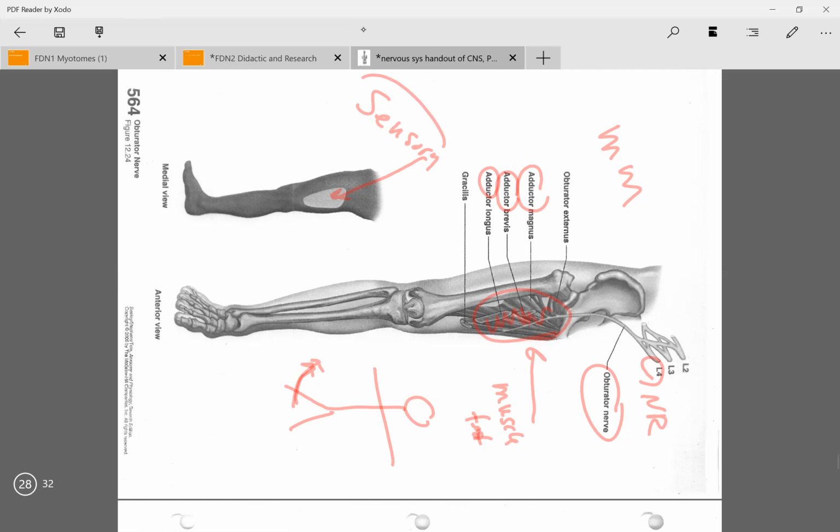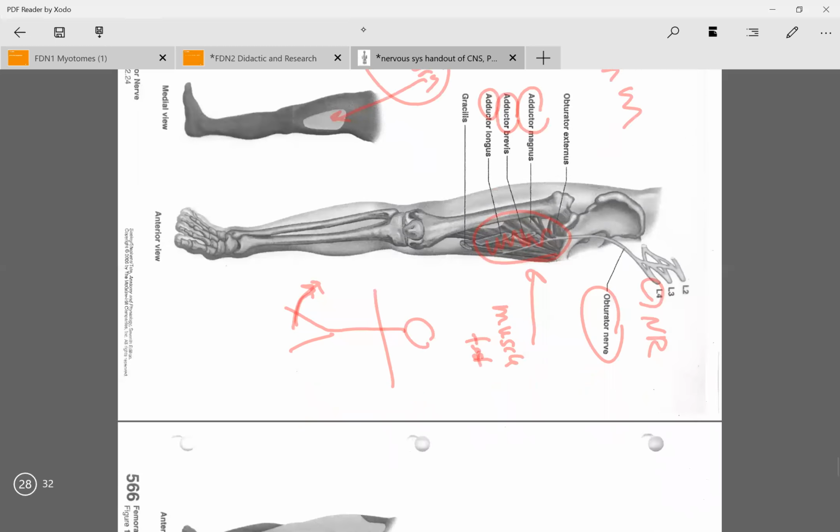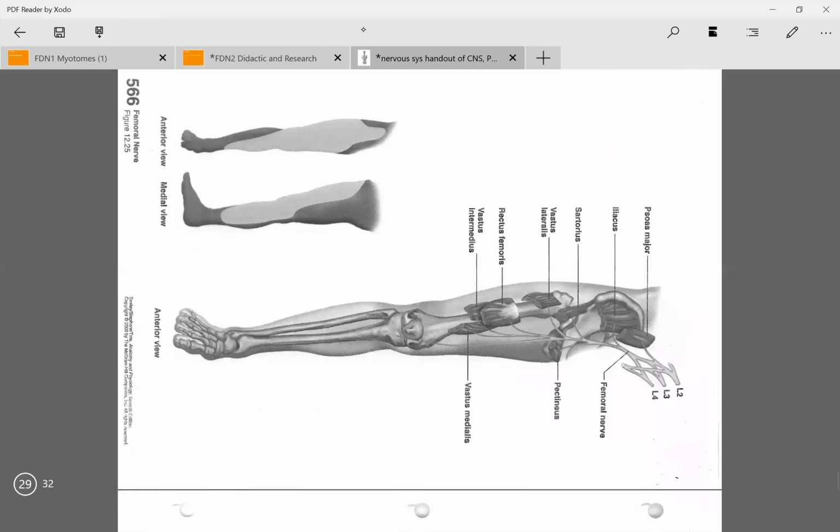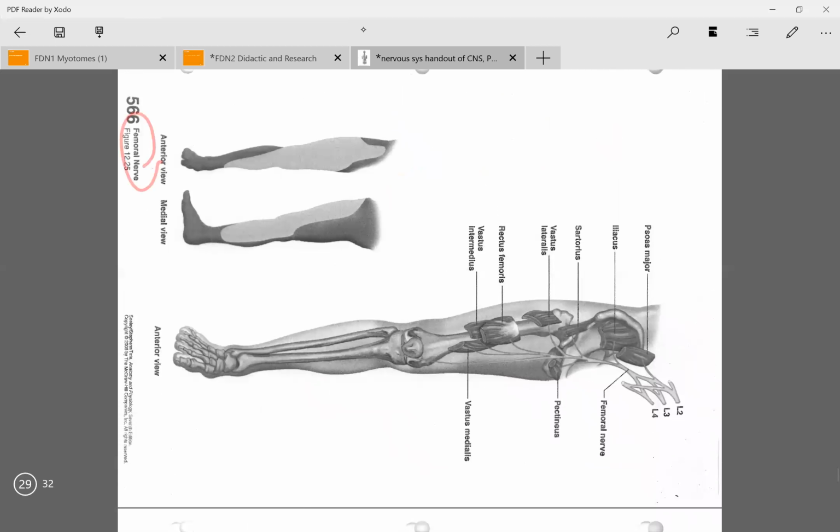Okay, and with sensory, Q-tip, pinwheel, does this feel the same as this? You test both sides to see if they can feel tactile, and then pain and temperature. Okay, femoral nerve.